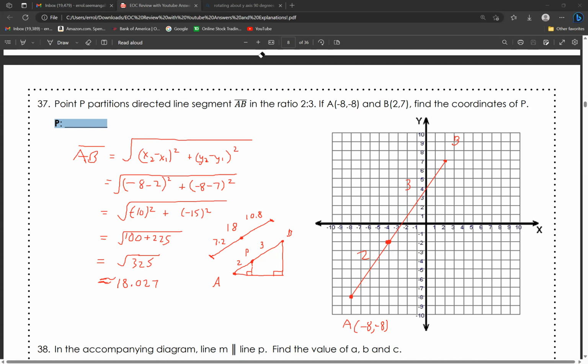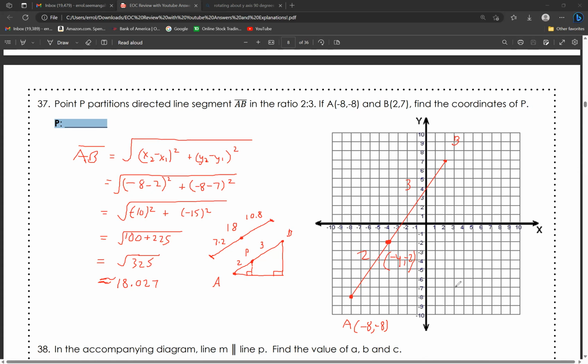Can you check your answer on that one? Is it -4, -2? All right, let me see. You can also just tell by looking at the picture. Yeah, -4, -2.